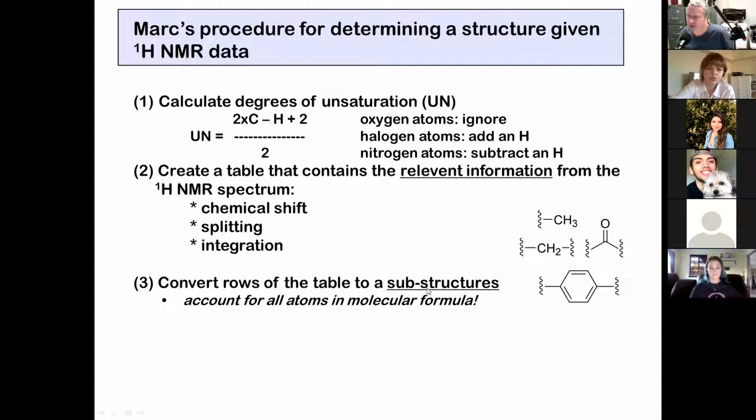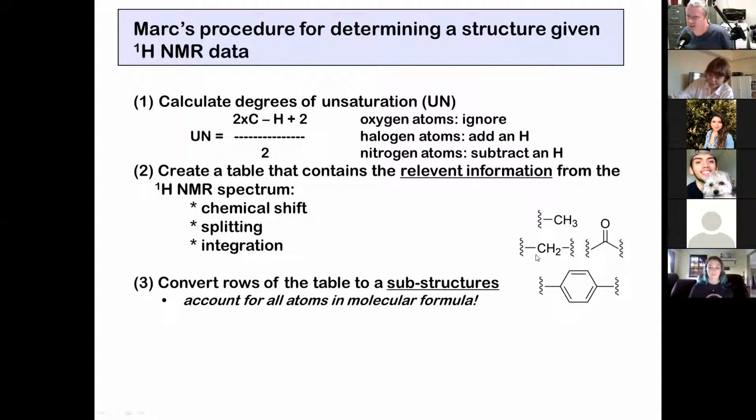Convert each row of the table to a substructure, which will account for all the atoms in the molecular formula. What do I mean by substructure? A CH3. How many attachments are there on a CH3? There's 1, and I draw a squiggly line. We have 1 squiggly line on a CH3, because there can't be 2, because that would be 5 bonds to carbon, right? So we use the valency of carbon to figure out the substructure and the squiggly lines. A CH2 will always have 2 squiggly lines.